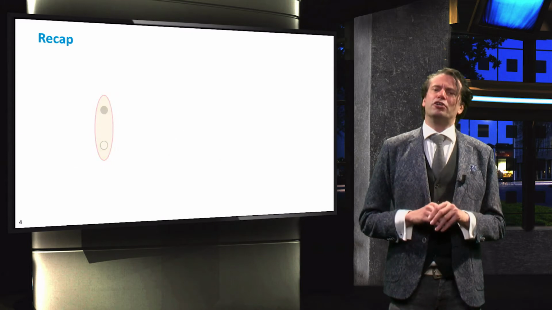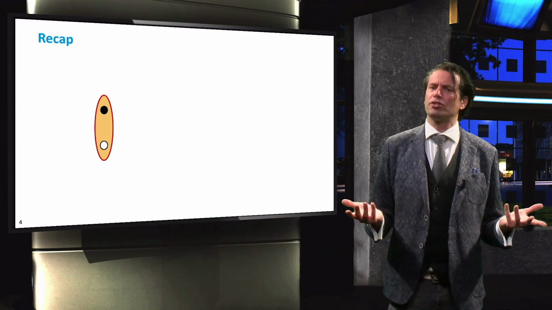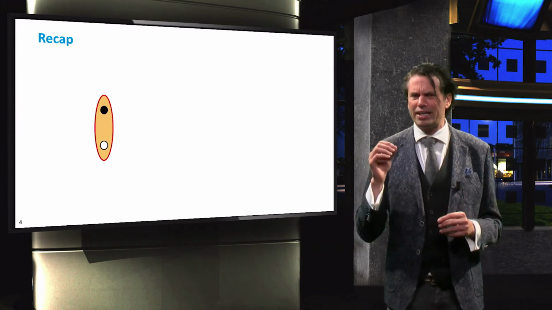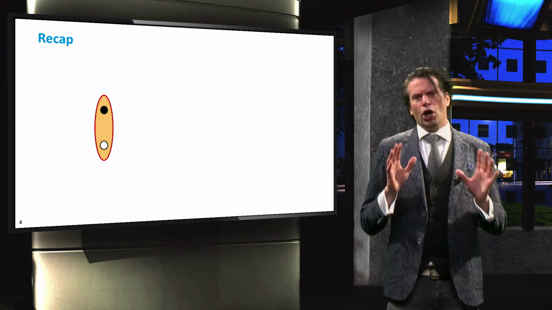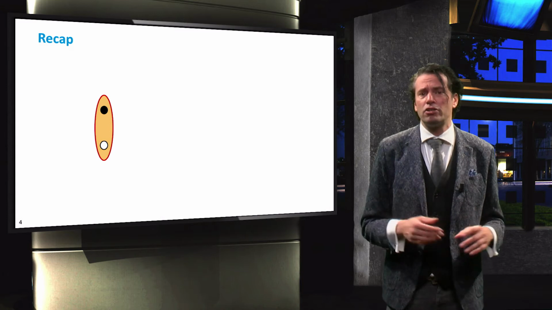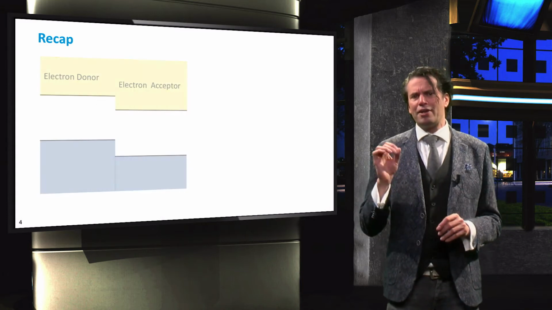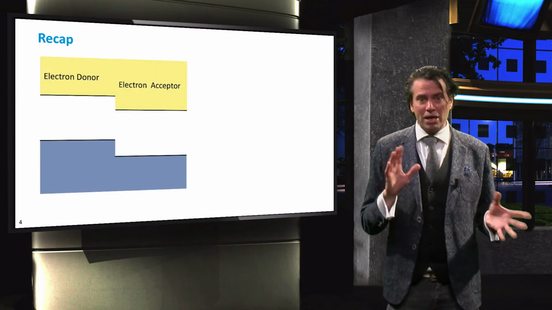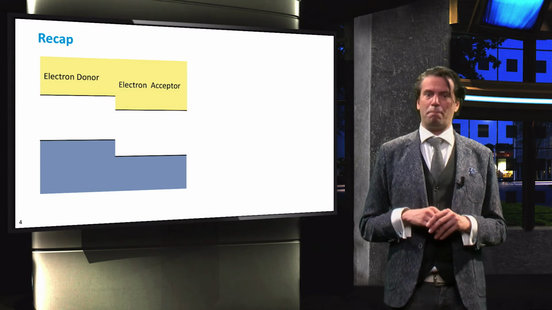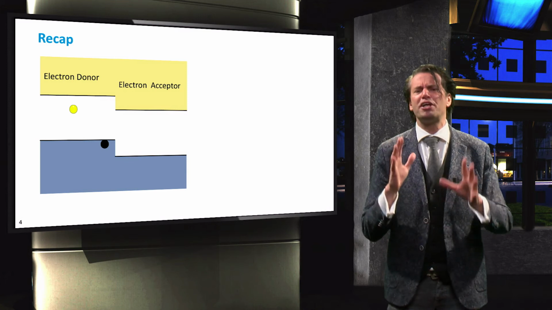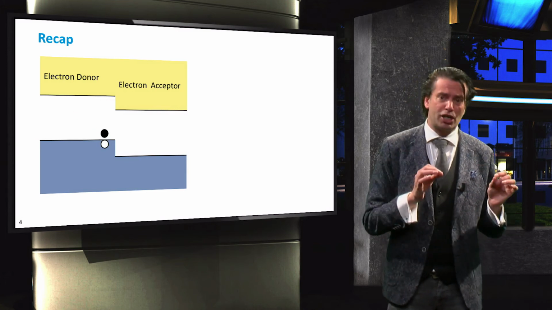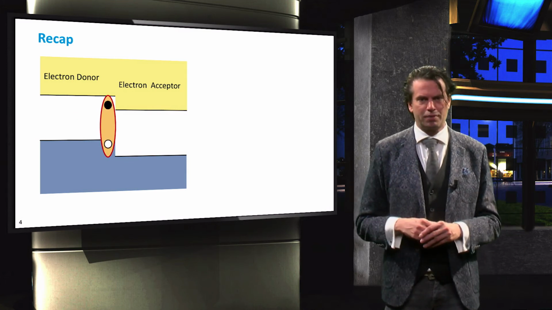In the last two videos, we have learned about the concept of excitons and how it is different from charge carriers in semiconductors. We understand how the formation of a heterojunction in organic semiconductors can mimic the working principle of a p-n junction. We have demonstrated how excitons move through these materials and undergo charge separation at the interface.